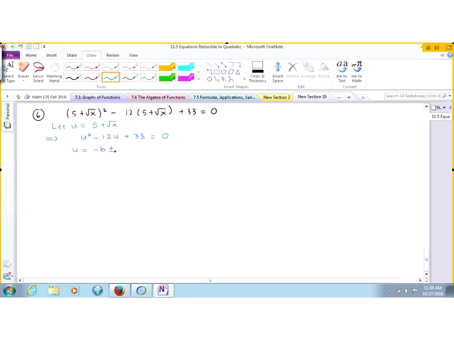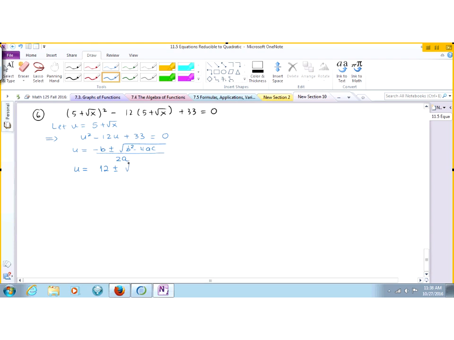So u is equal to negative b plus or minus square root of b squared minus 4ac all over 2a. So this is u, not x. Don't be mistaken, the answer is x. No, it is u.